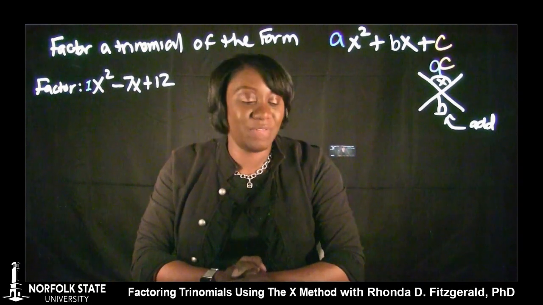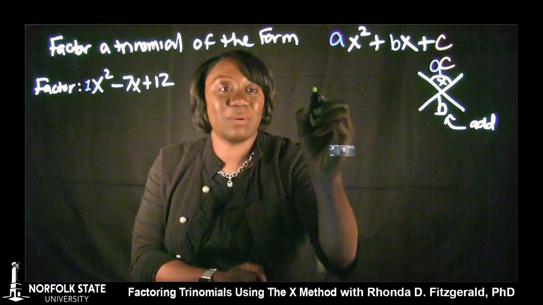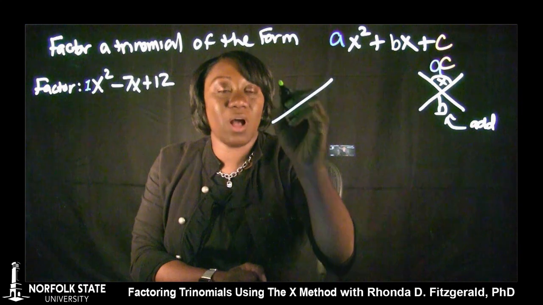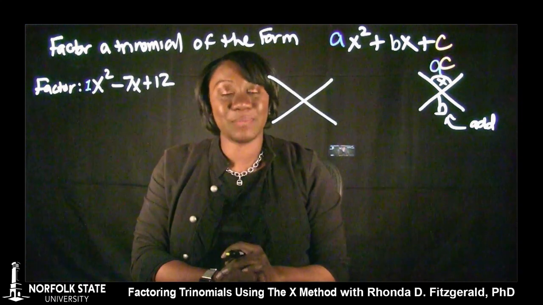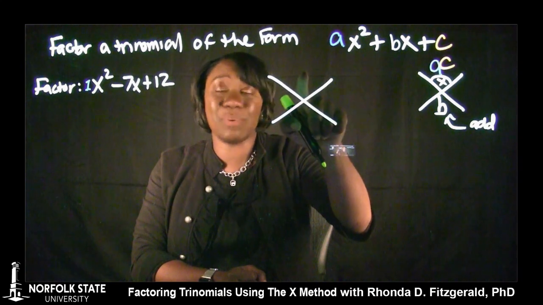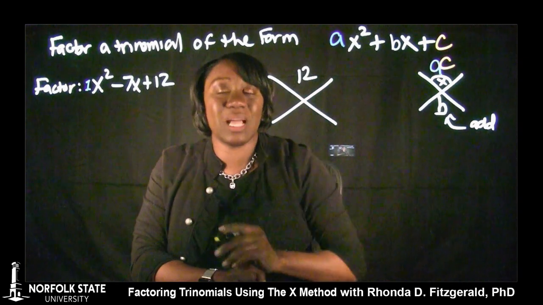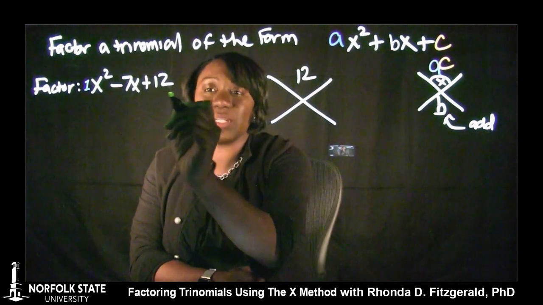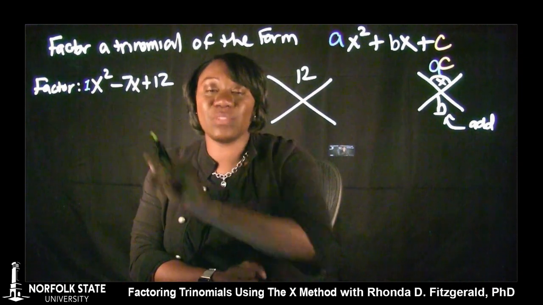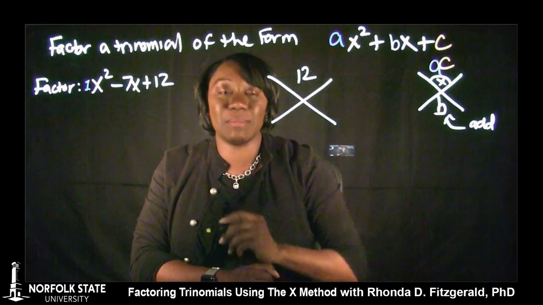So when I draw my x, the number at the top, recall a times c, but my a is simply 1. So I'm just going to be left with 1 times 12, which is 12. So it's always just going to be this last number, because we have 1 times 12.